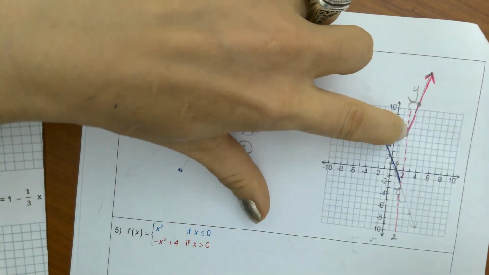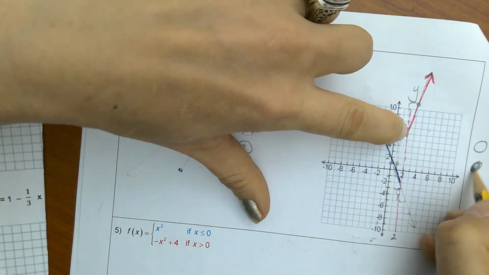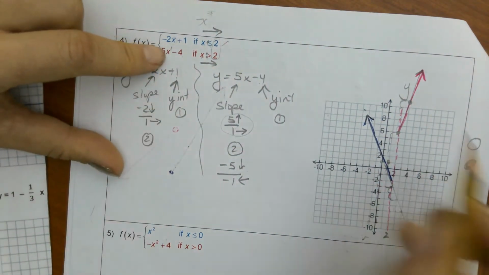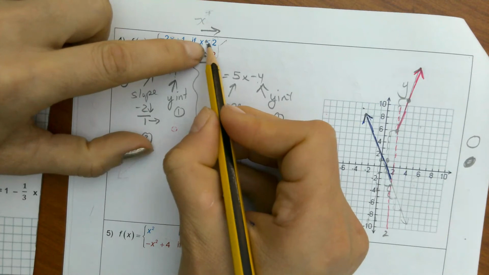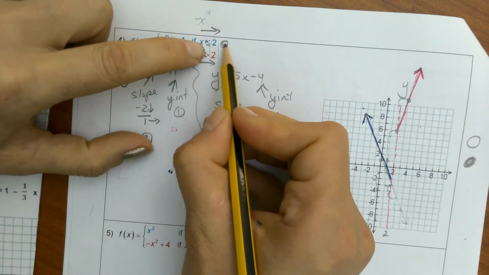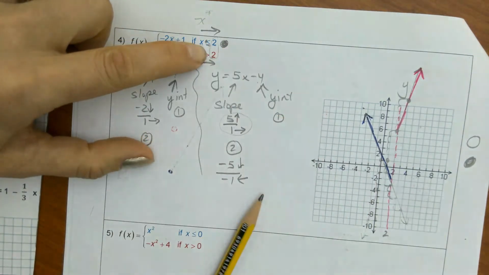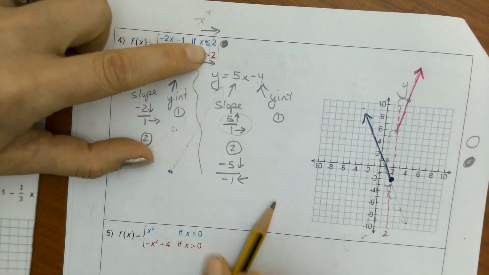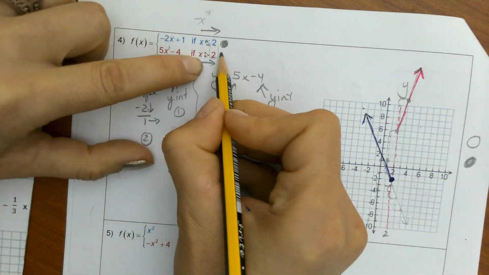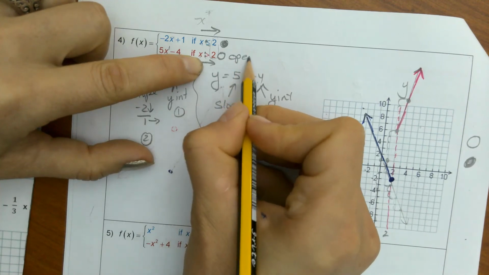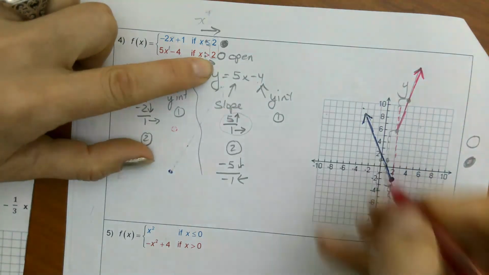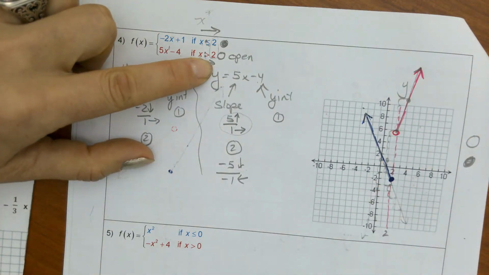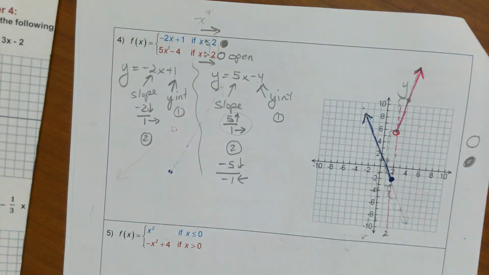So it's going to be really important to do my open and closed circles. Okay? The end points. So blue. Because there's an equal sign, it's going to be closed. So blue has a closed circle. Now this does not have an equal sign, so this is going to be an open circle. So this one is open. There, like that.